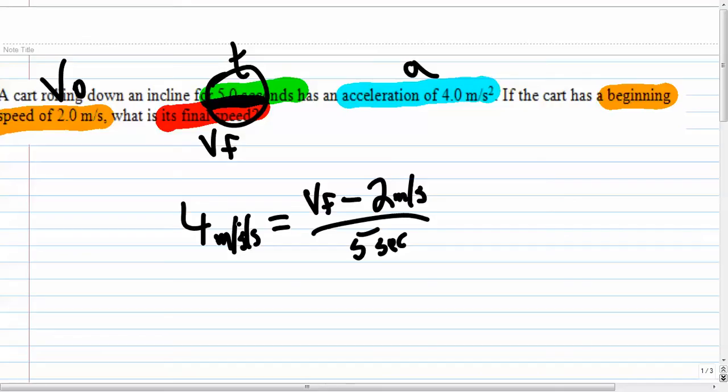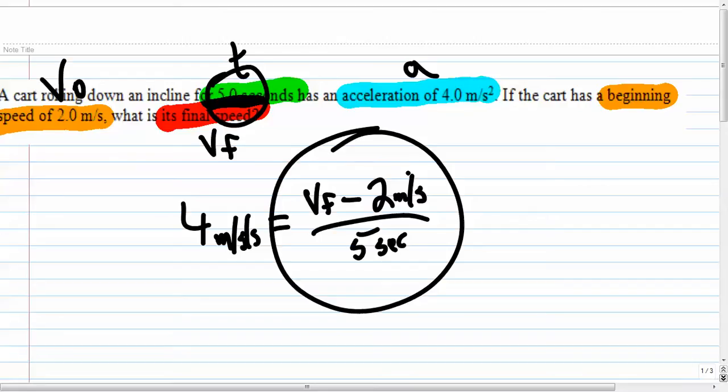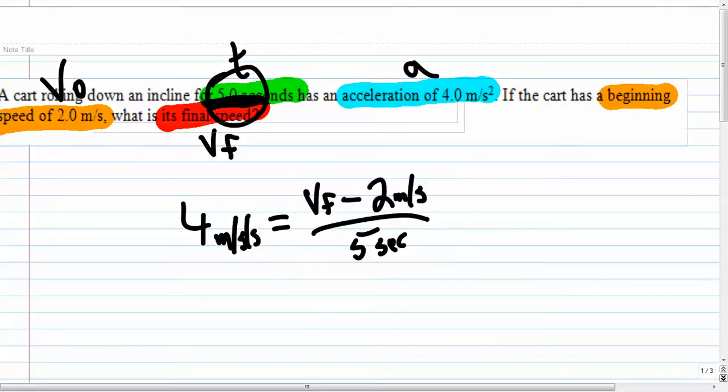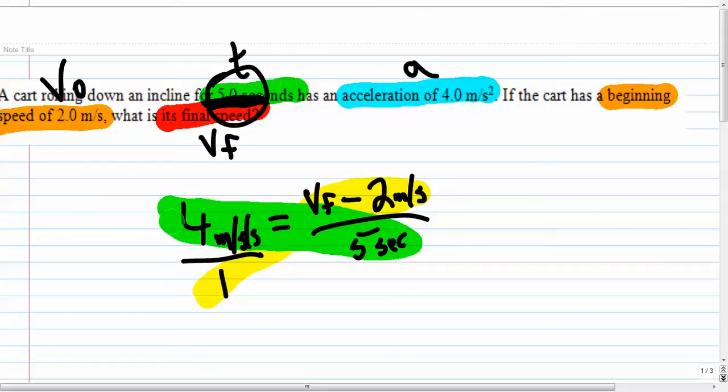So let's do the same bow tie method trick. If I notice that this side is a fraction and the other side's not a fraction, I can turn it into a fraction by putting it over 1, and then I can bow tie. So I've got this times this, and that's going to equal this times this.